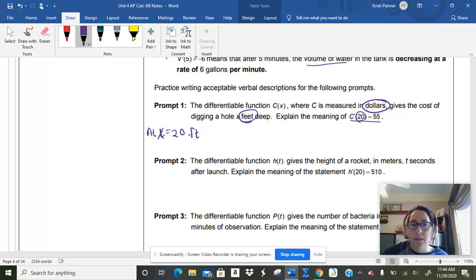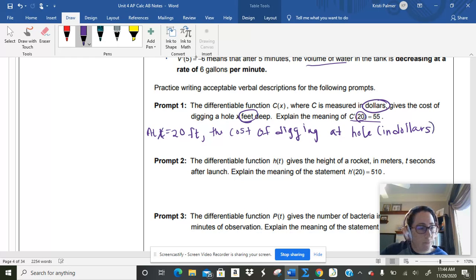C is the cost of digging a hole, and the cost is in dollars. And here it says it is 55.